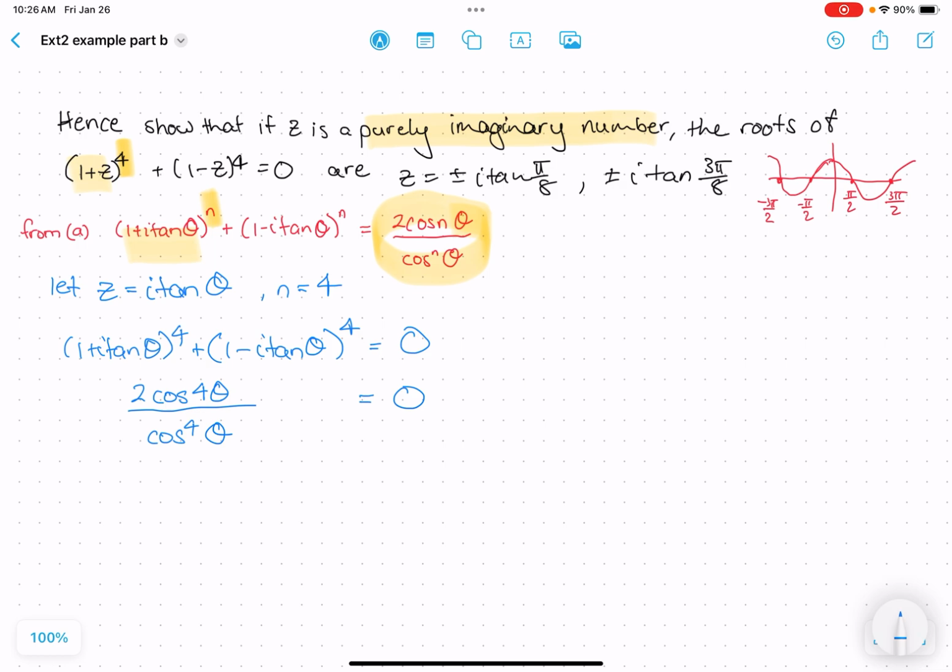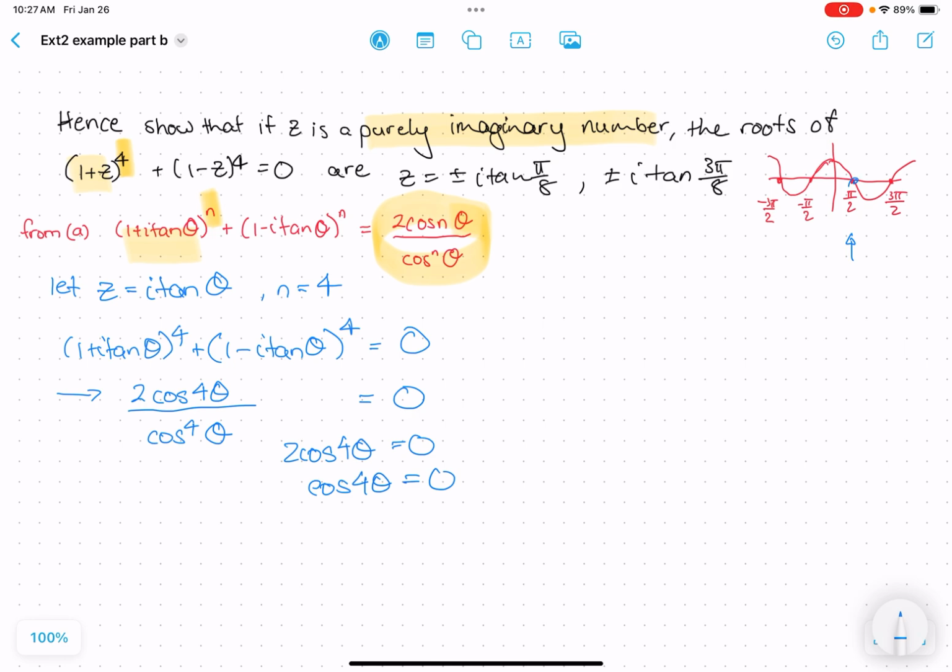So to find those roots, if you look at the top, it has to be 0, so 0 divided by anything is 0. So we're really just solving 2 cos 4 theta equals 0. Divide by 2, we're really just solving cos 4 theta equals 0. As a bit of an aid, because it's 0, I like to go back and look at my cos curve.